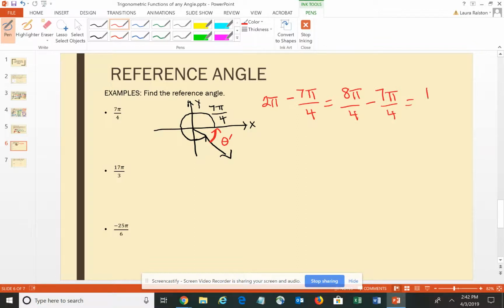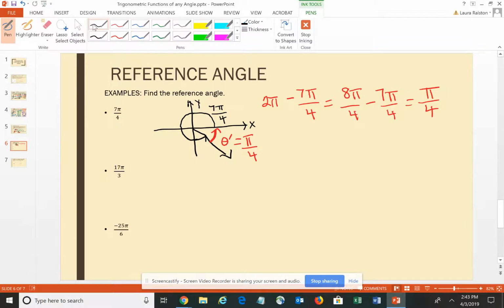So my reference angle would be pi fourths. And then I just have to adjust the sign based upon where I'm located on the unit circle, or in which quadrant I'm located.